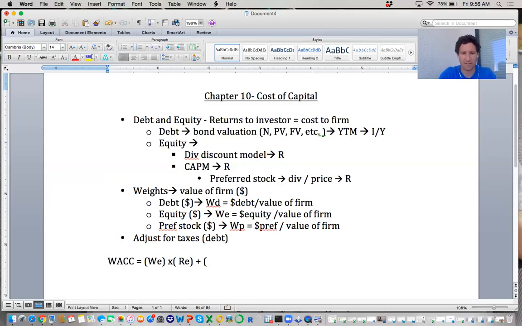Add to that the weight of preferred stock times cost of preferred, and add to that the weight of debt times cost of debt, and also adjust this one for taxes, times 1 minus tax rate.